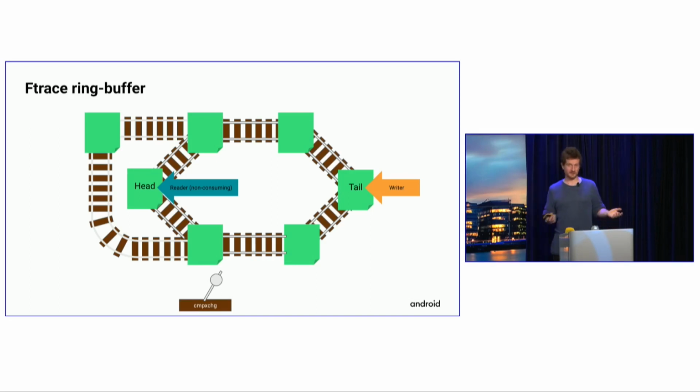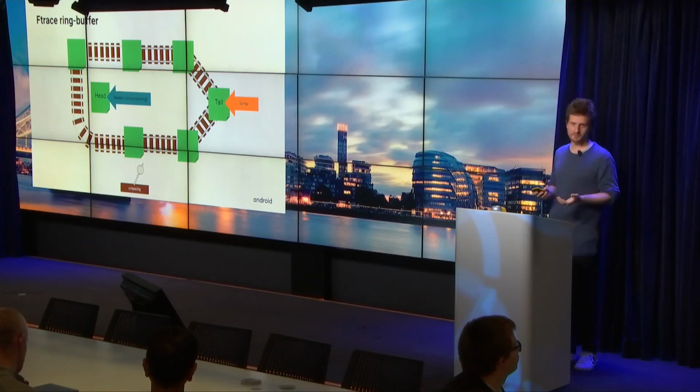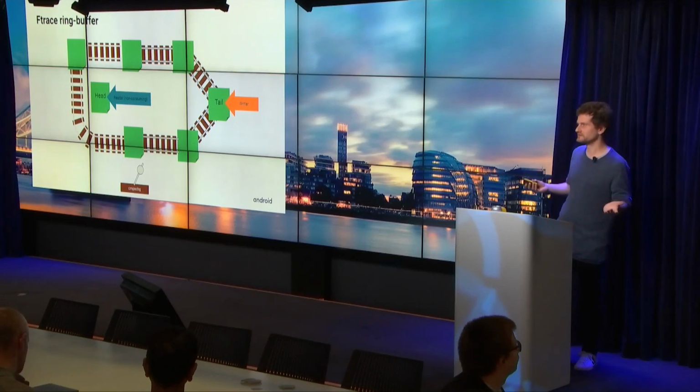It's done with a compare exchange, so it's atomic, and of course there's a bit of work to make sure that before you switch, the writer is not already on your head. Now, your writer is routed to the new page, and you can remove the old rails, and you've got the head taken out of the ring buffer, and you can do anything with it.